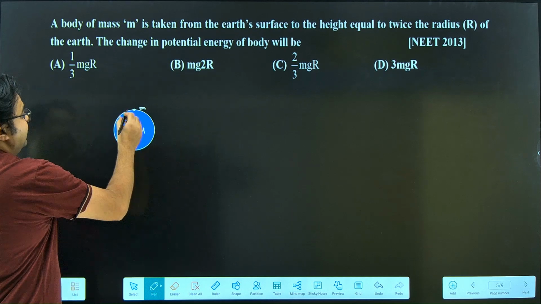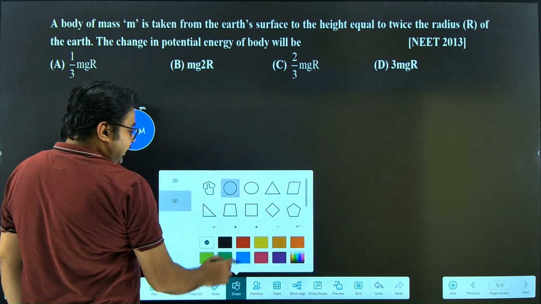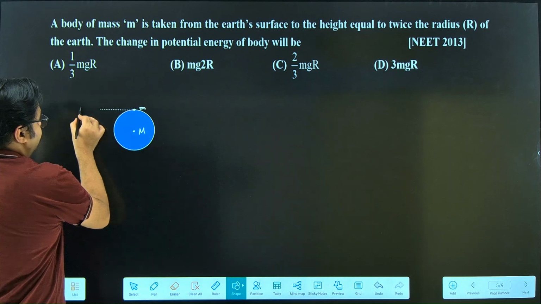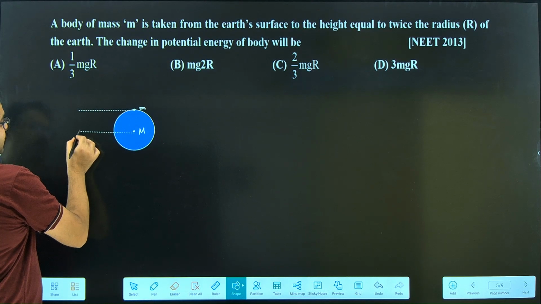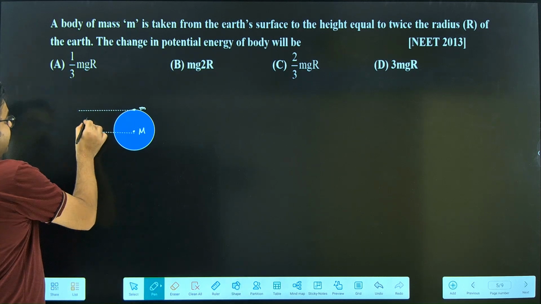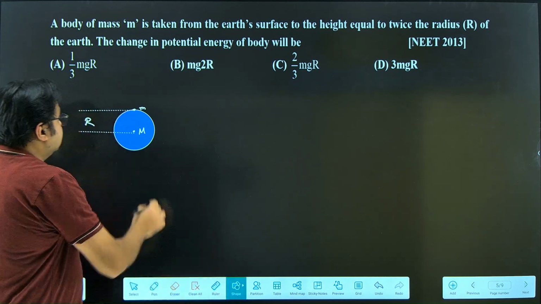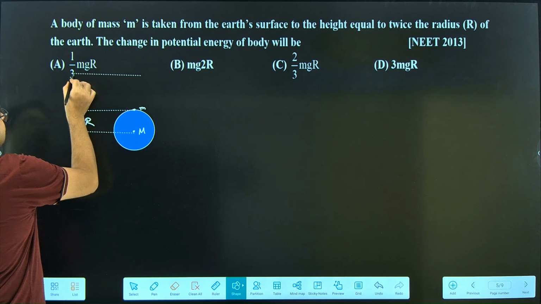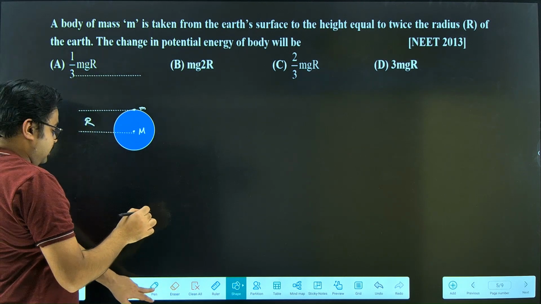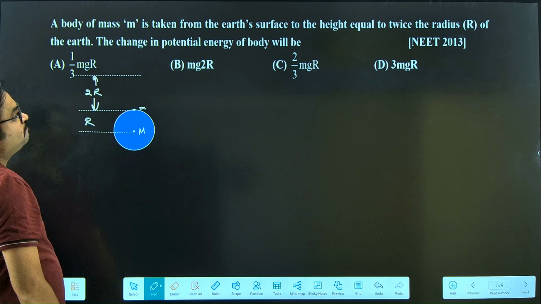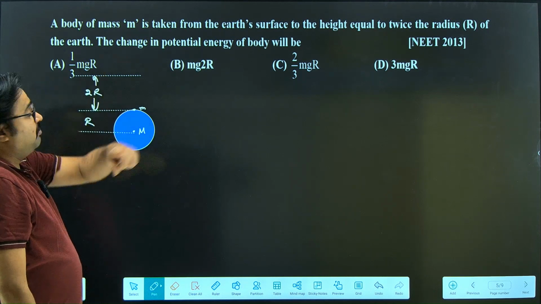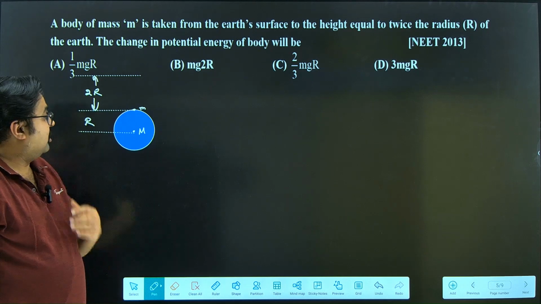So you are taking it to a height of twice the radius. So maybe this much is R. But you are going to a new height. The new height, my dear friends, is here, and that's essentially 2R, the question says. What will be the gravitational potential energy of the body?